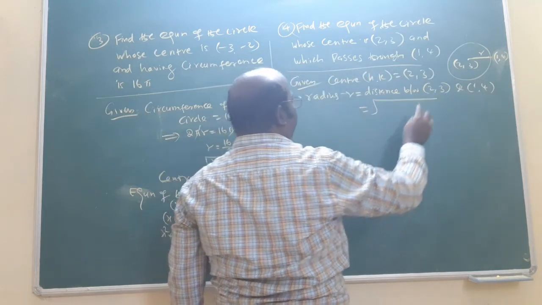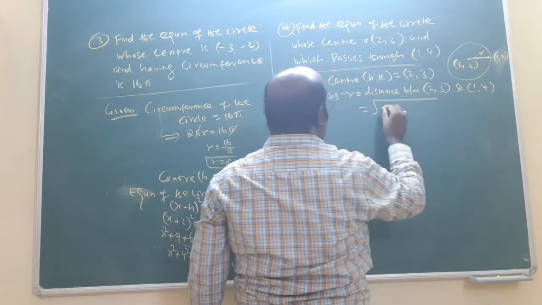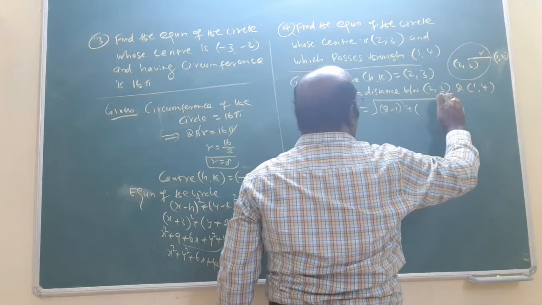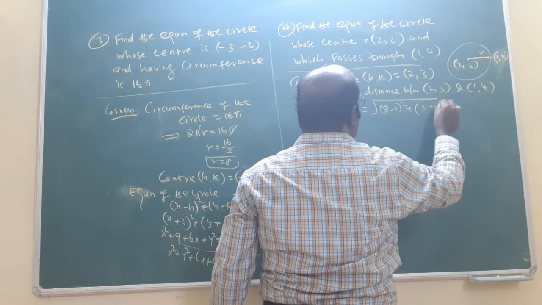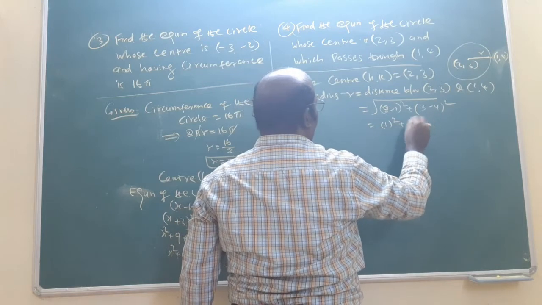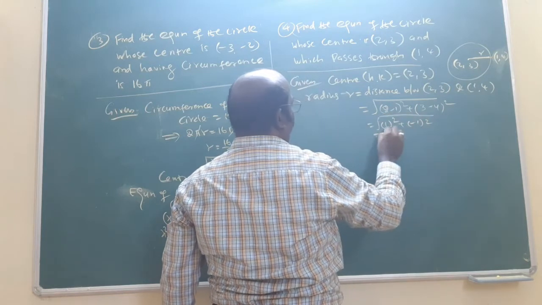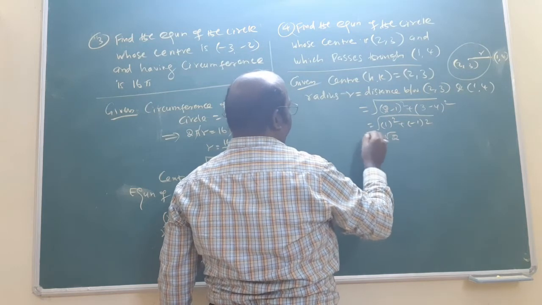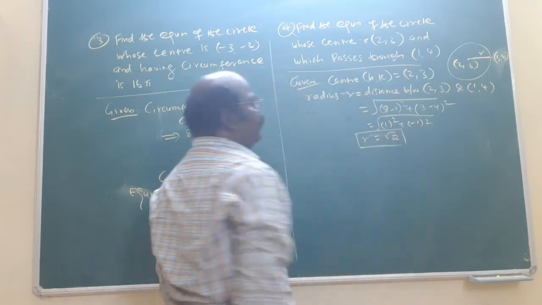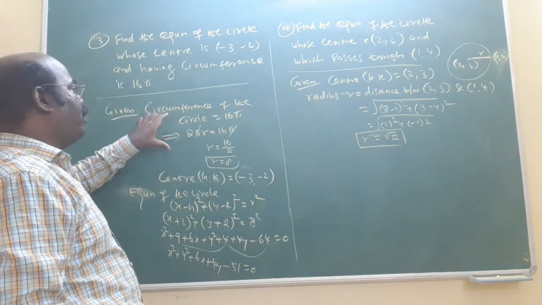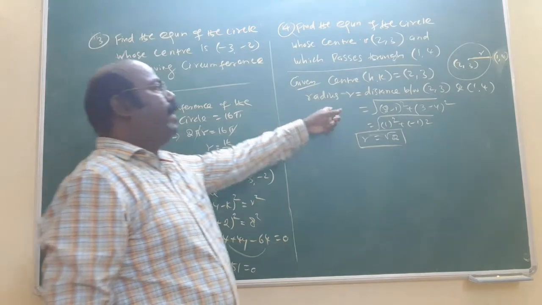Square root of x1 minus x2 whole square plus y1 minus y2 whole square. Am I right? This is the formula. 1 square plus minus 1 whole square, 1 plus 1, that is root 2. Root 2 is the radius. Am I right? In the third one, the radius is found by using the circumference formula. Here, to find the radius we use the distance formula.